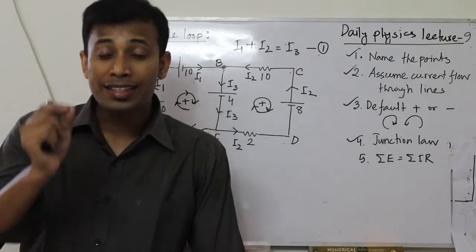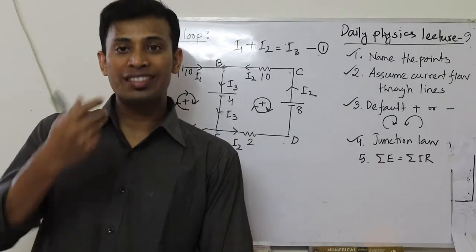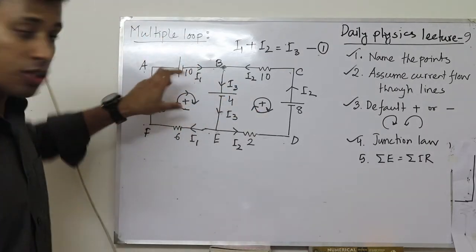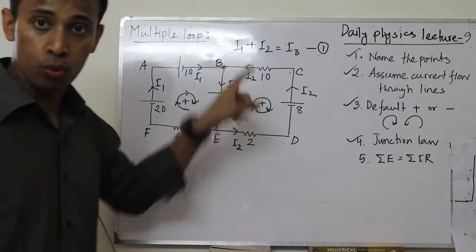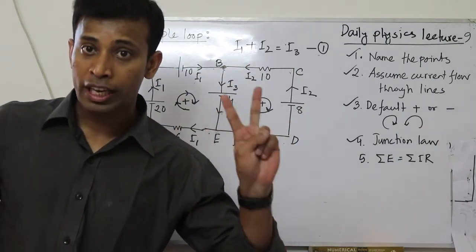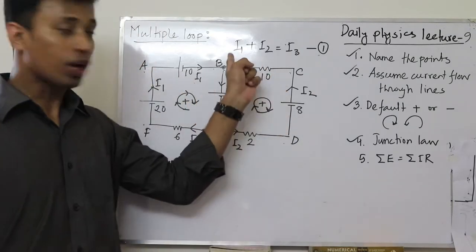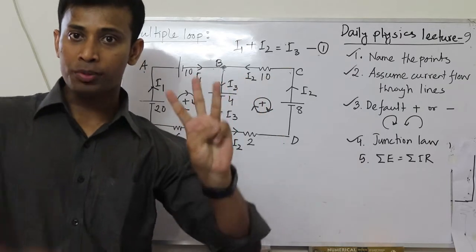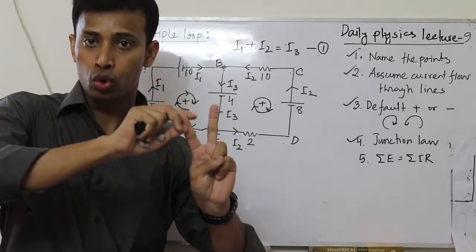Now, there is a trick I want to discuss. We have 3 loops, right? We have this small loop, and this whole loop. We have 3 loops, but we need 2 loops for 2 equations to get 2 currents, I1 and I2. So from these 3 loops, we have to choose 2 loops.